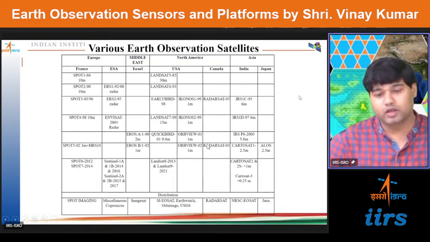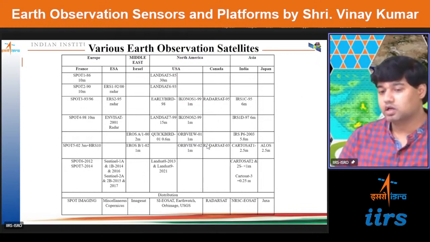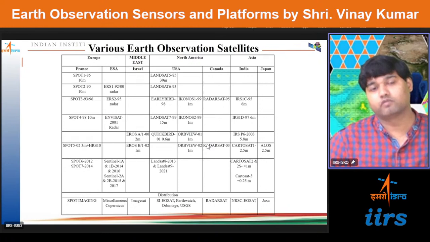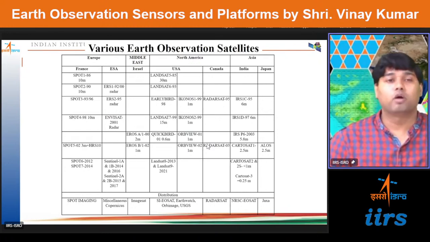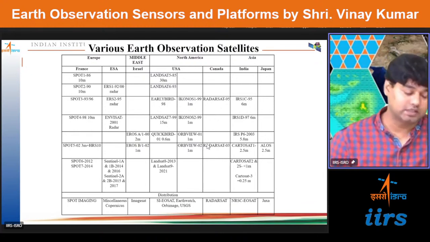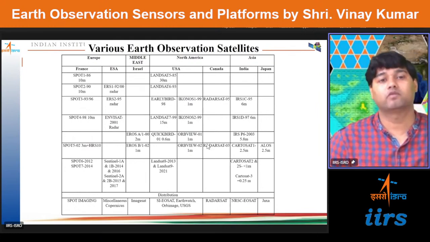Now coming to the various Earth observation satellites. Various different countries are taking care of the satellite data distribution. From Europe, we have the Spot series of satellites, which had off-Nadir look capability, so using that we can even generate a digital elevation model.